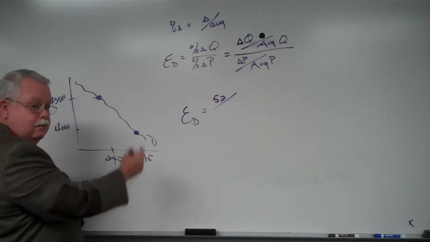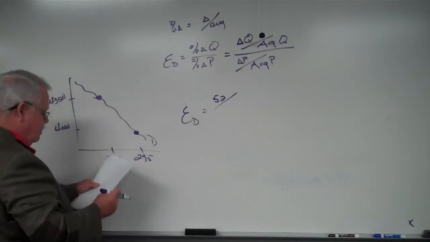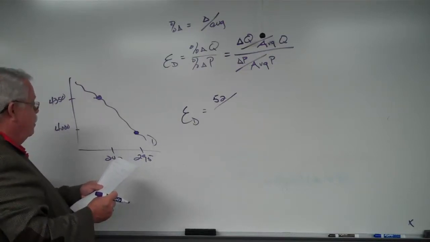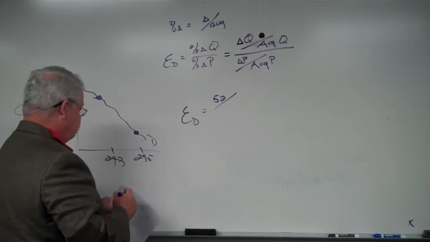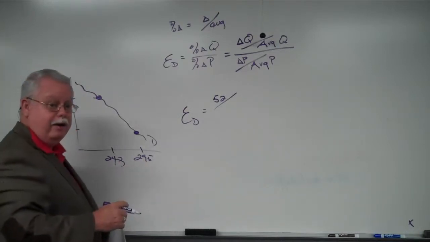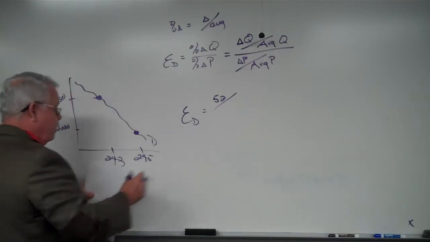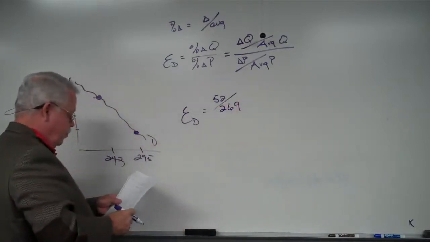Add them up, divide by 2. I got an average, and it appears that I've got a mistake on my answer sheet, doesn't it? Yes, my answer sheet says 48. Well, let's see what the average is. What is the average here? Anybody calculate it? 269. So there are some errors here on the answer sheet for this problem.